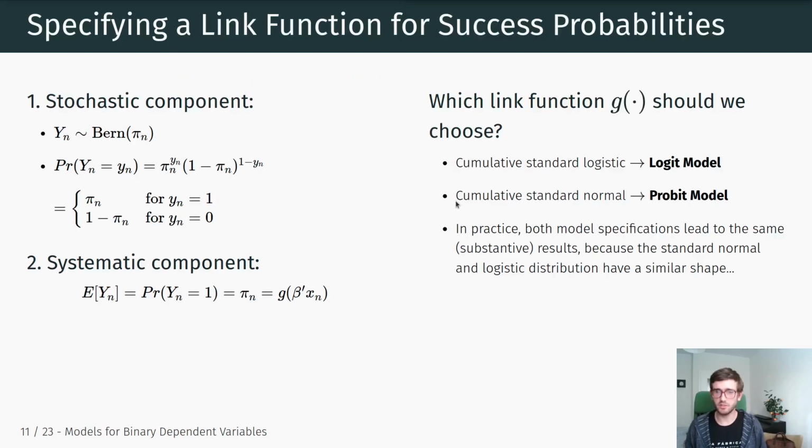So to start, I'm just going to go through the math very briefly to show you how the link function for the Logit model and the link function for the Probit model look. And I'm going to show you briefly how to derive the log likelihood function. If you remember back a couple of weeks ago, we derived OLS using maximum likelihood, and we could go through the same process here.